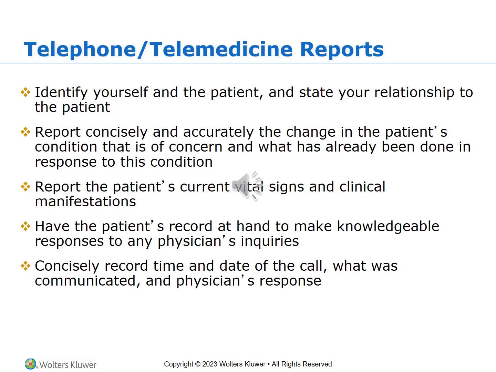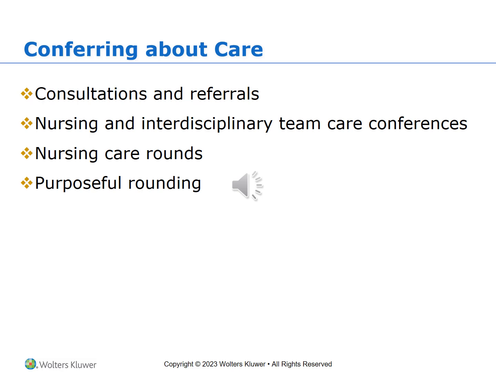And you want to make sure that you are knowledgeable about the patient care so that you can respond to the physician's inquiries properly. And a clear, concise recording of the time and date that this communication occurred is essential.